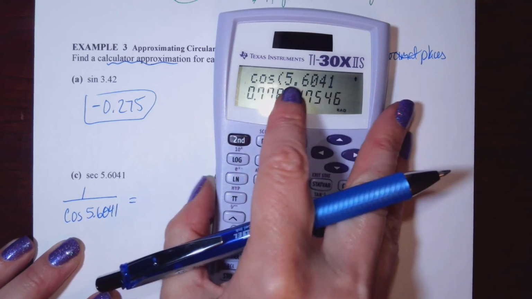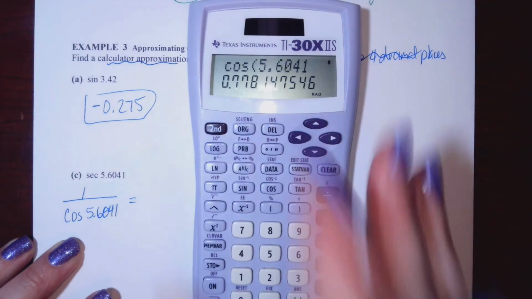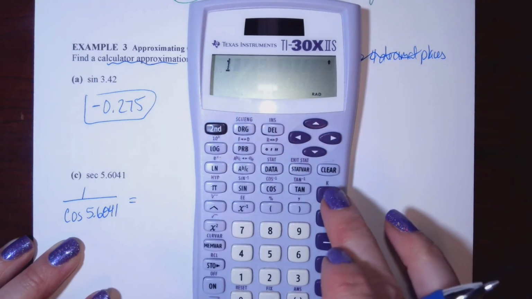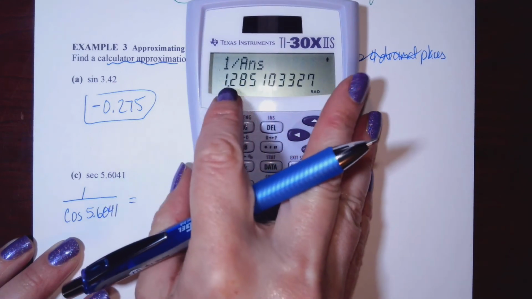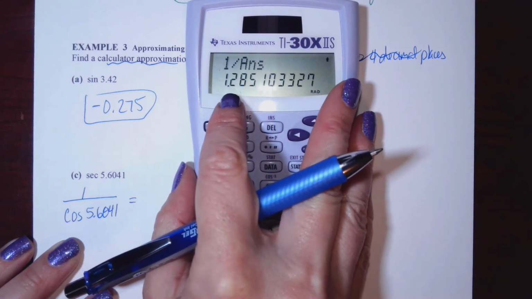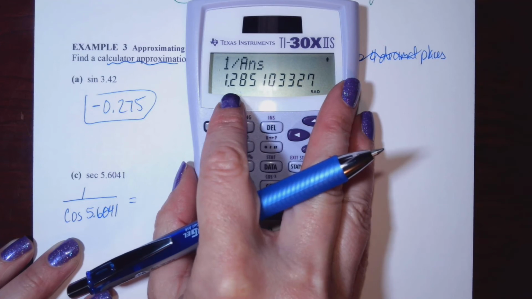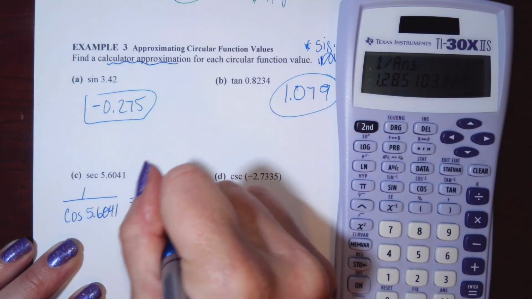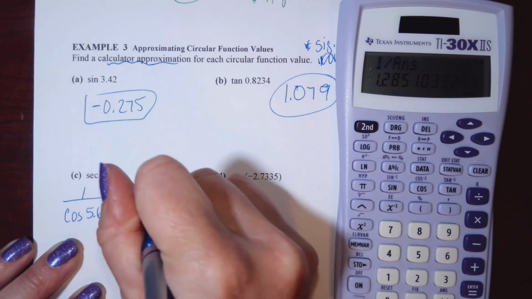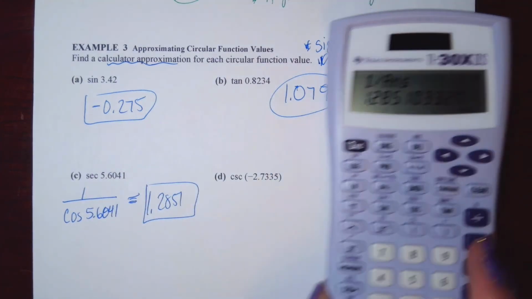I'm still in radians, so I've got my cosine function value. I need to take the reciprocal of that. I always do 1 divided by, and then just use my second answer option to bring that back up. So I've got 1.2851. Approximately, wavy equal sign for approximately.